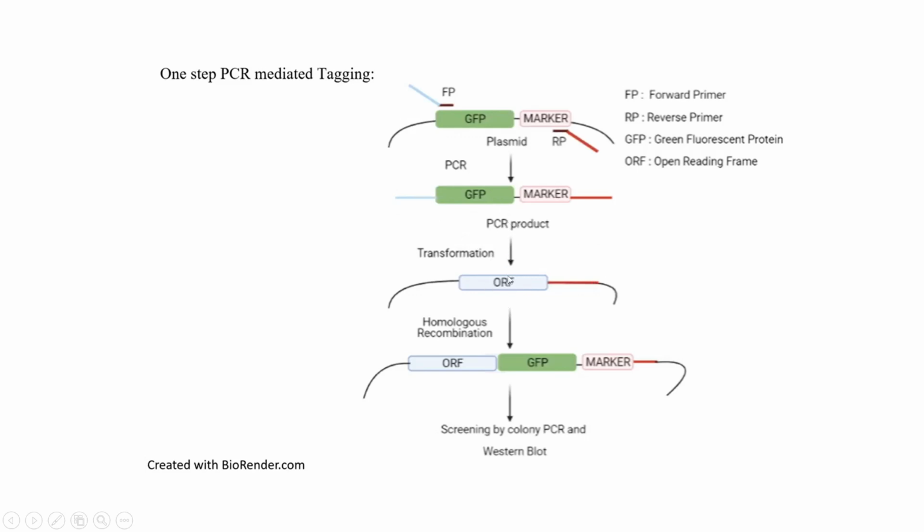This blue region will merge with this ORF region, and you will have the GFP marker integrated at the ORF site, along with this marker sequence which corresponds with the red color. By the homologous recombination mechanism, which is present in the organism, they will merge this GFP onto the ORF. And by Western blot or colony PCR, you can screen for this organism.